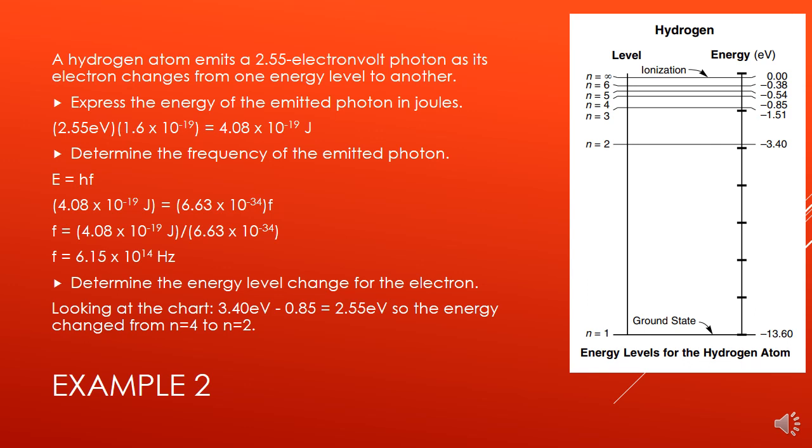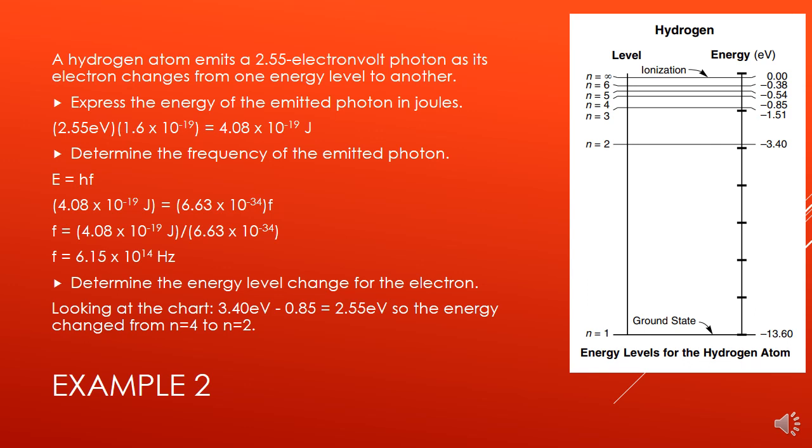change for the electron. So this is a tough one. We have to use trial and error to figure out which change in energy levels can give us 2.55 electron volts. So you just start subtracting those numbers from each other until you can find 2.55 electron volts.